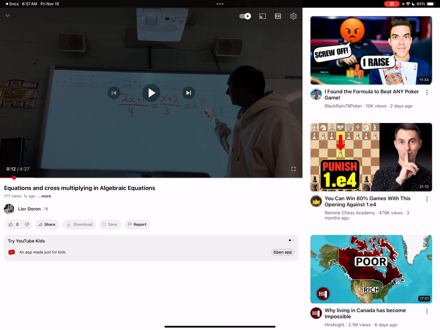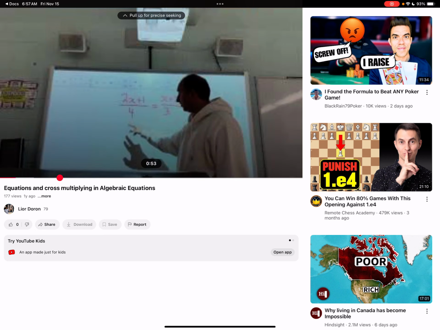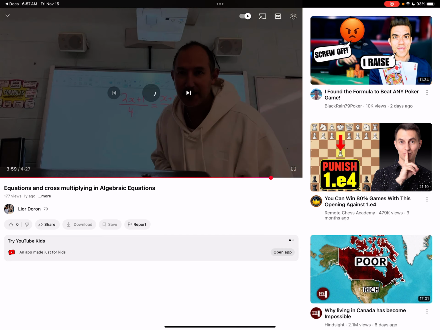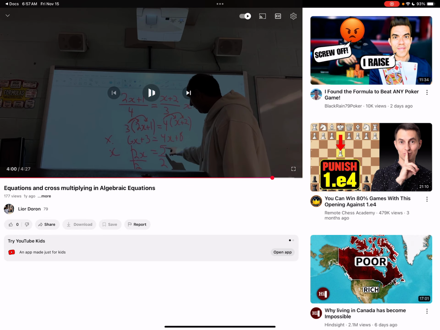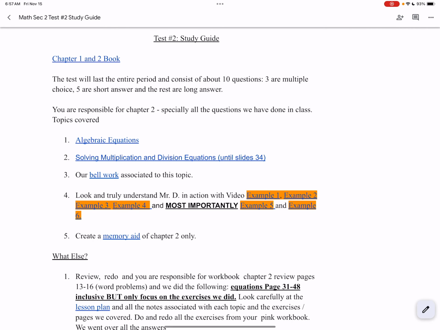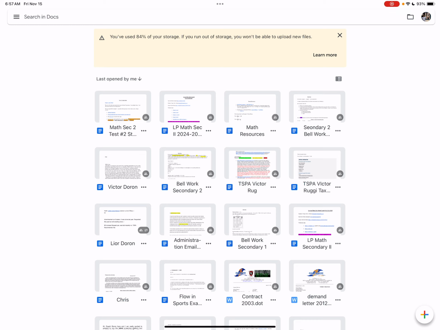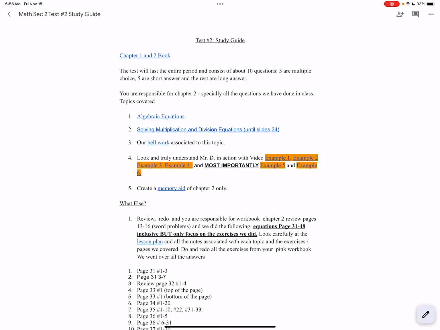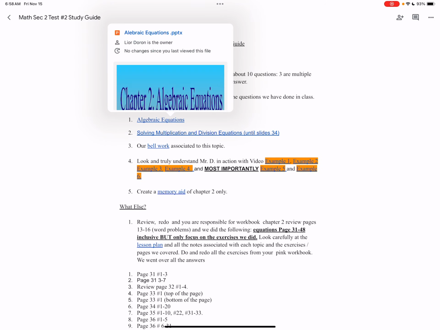So this one simply, you just cross multiply, you go through it all, and notice what you would do. And you look carefully at all this stuff. We've gone through this in class. You are right now reviewing. You're making sure everything is well understood, and you know this like the back of your hand.